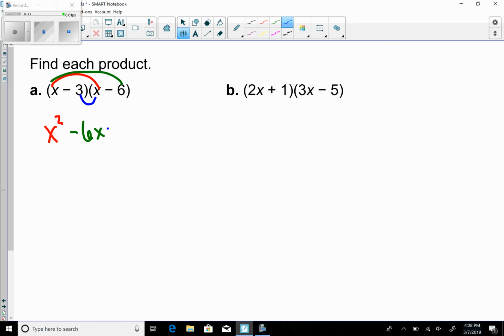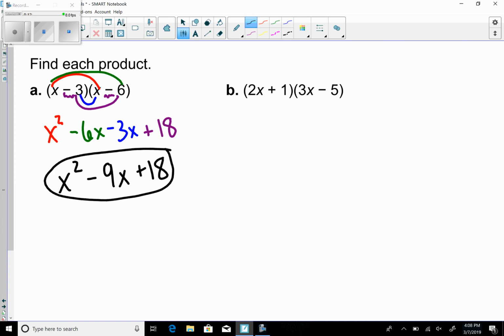And then if we do the insides, that's negative 3x. Now here's the big step. When you multiply these, do not forget about these negatives. 2 negatives turn into a positive, so that makes that positive 18. So in the end, your answer turns out to be x squared minus 9x plus 18.